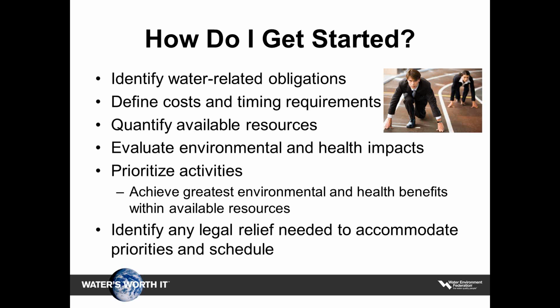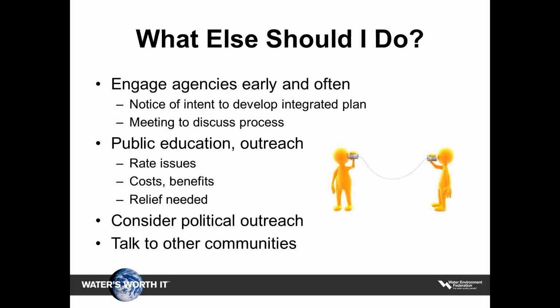They still may be able to use integrated planning to help them, even if it's implemented through the permitting process. You also need to think about how you're going to measure success, how you're going to use adaptive management to incorporate future conditions, and you'll need to obtain public input throughout the process. So that's an overview of the things you need to think about to get started.